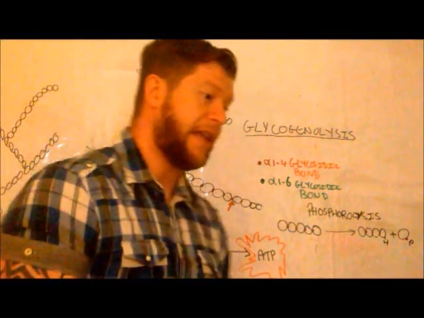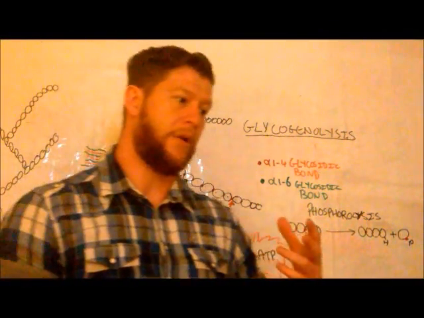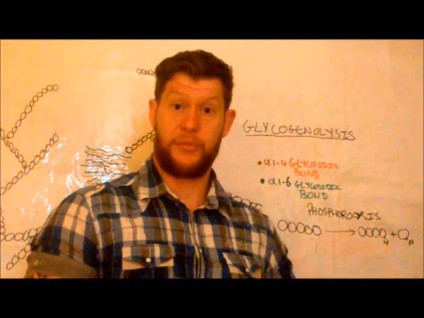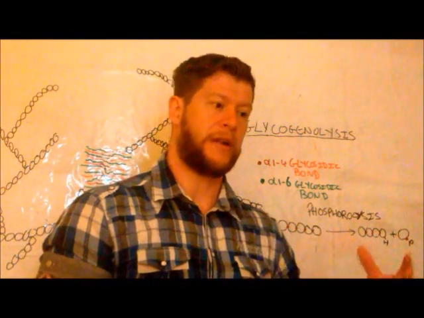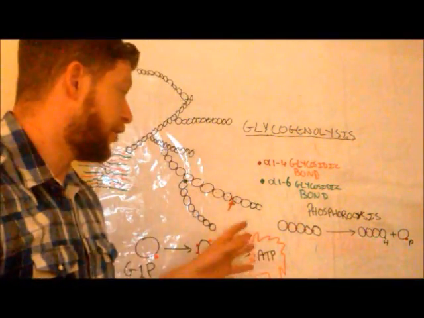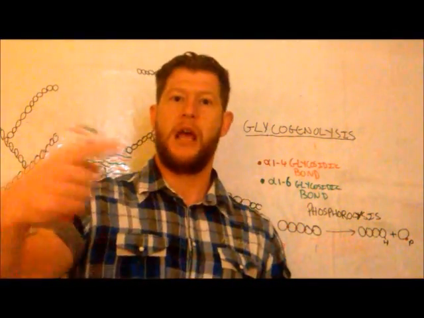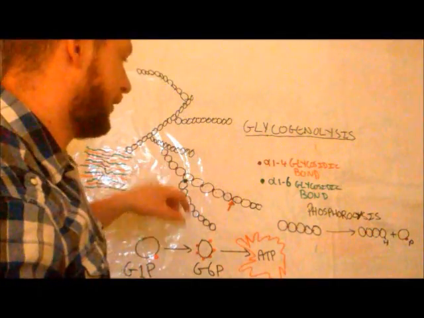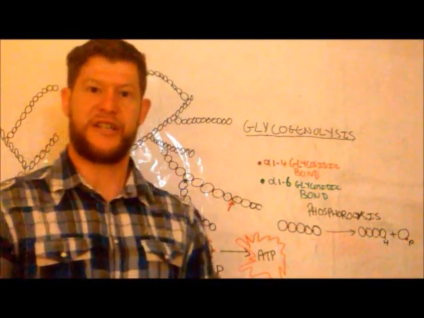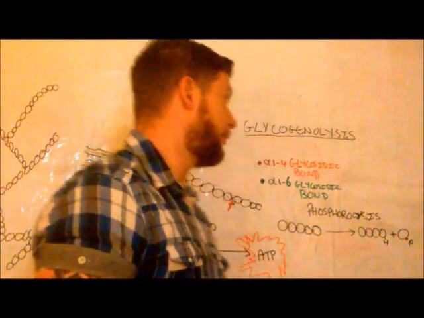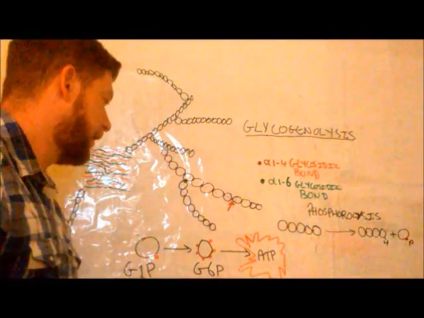At pyruvate, it either goes on to aerobic glycolysis, or if there's no oxygen present, we have anaerobic glycolysis, which gets turned to lactic acid, which can then re-enter and be stored as glycogen again through gluconeogenesis, and then back in through the storage way when we talk about synthesis in the next video.